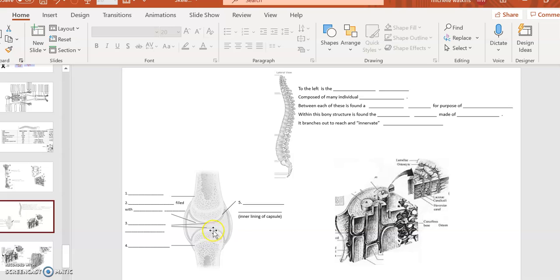This double one here is meant to point to this, as well as that, and those are the articular cartilage. Okay, and this one here, I believe, would be the growth plate. You can see that strip of cartilage in the middle of the spongy bone. It's usually found at the ends of long bones. All right, I just wanted to go over this because it can be a little bit confusing. I think that's everything.